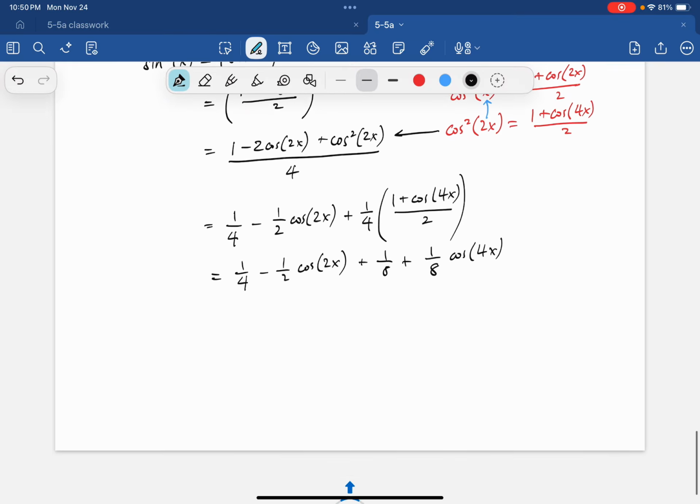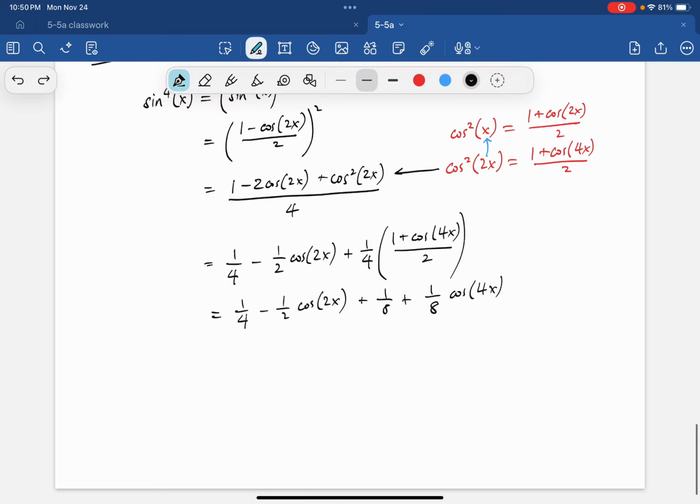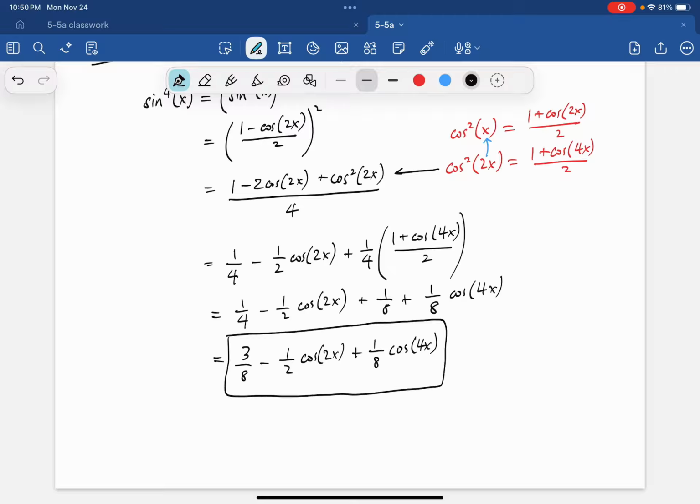And then I can combine the 1/4 with the 1/8 here, and I'm left with 3/8 minus 1/2 cosine 2x plus 1/8 cosine 4x. And so that's successfully in first powers of cosines.